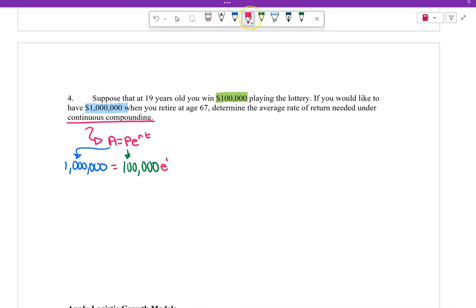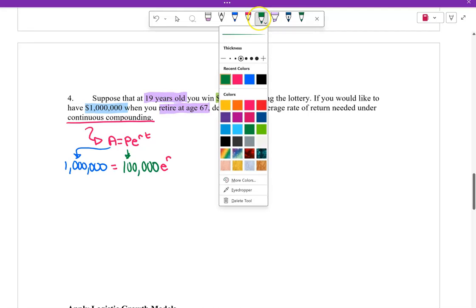Equals e. We're trying to find the r. And then this last one, you're 19 years old when you get it. You want to retire at 67. So 67 minus 19 is 48.